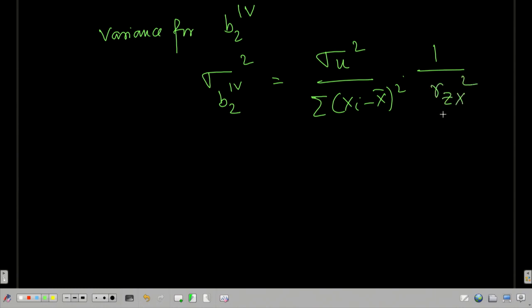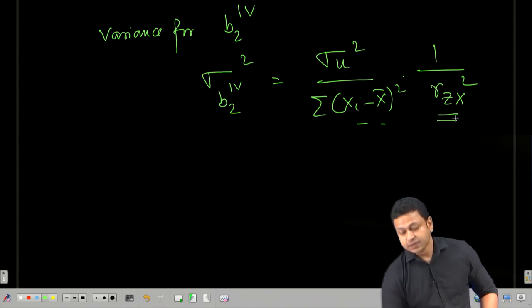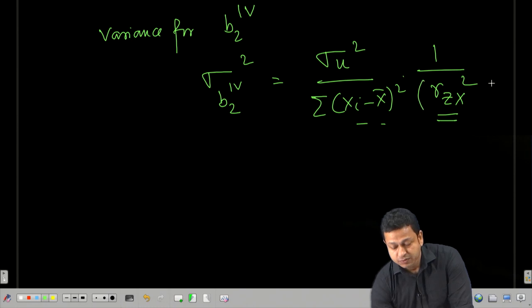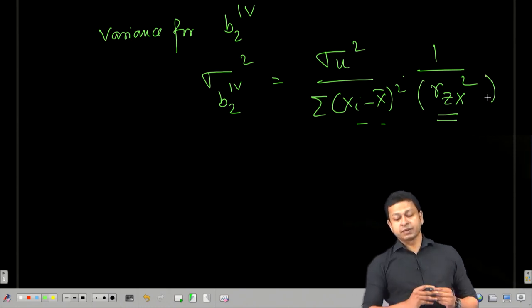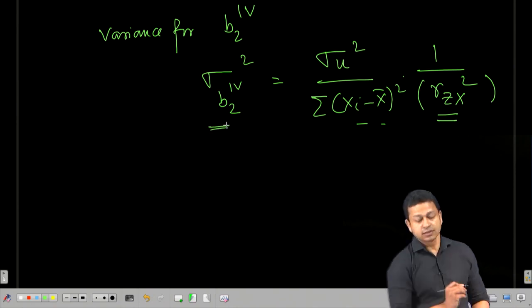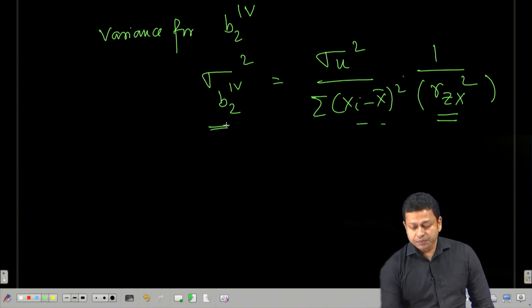So, r z x is showing the strength of relationship between z and x. Now, it makes sense because in our regression equation we actually have x, whereas we are replacing x with z. So, we need to consider the strength of relationship between z and x. So, that is the expression for the variance for the IV regressor.